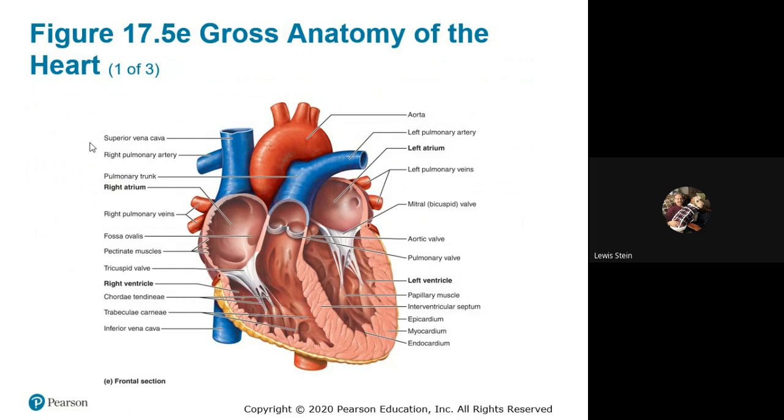That's prolapse. To prevent prolapsing, there are string-like structures you can see over there called chordae tendineae. It means tendinous cords. There's a little outpouching of cardiac muscle. The other cardiac muscle has a fancy name called papillary.